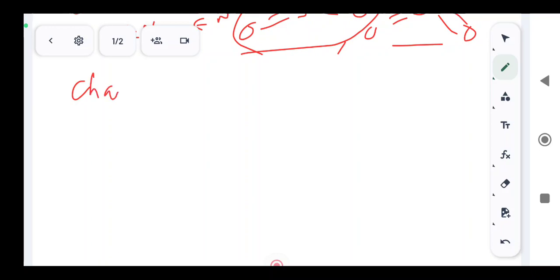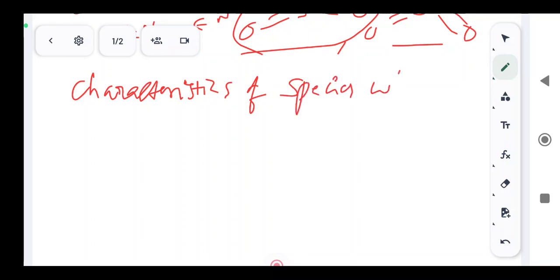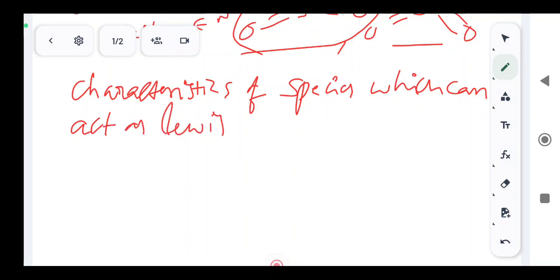Next, characteristics of species which can act as Lewis bases.